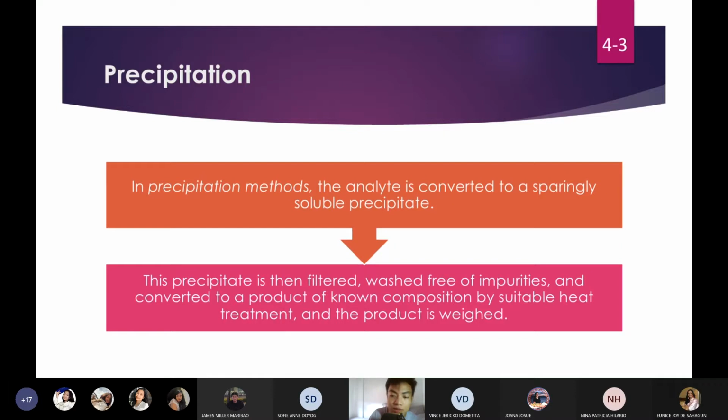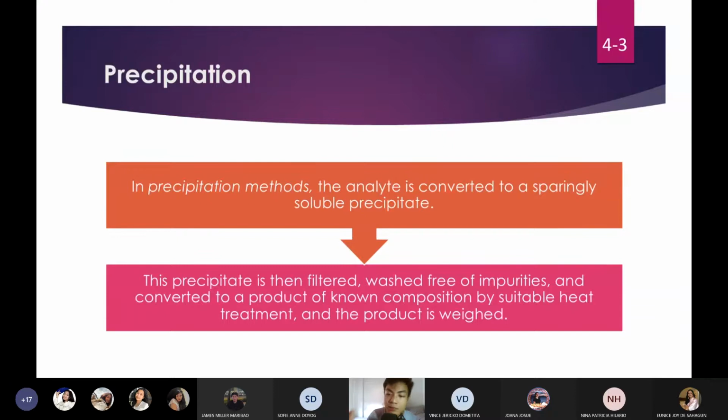For example, yung silver, hinaluan mo ng ibang ions. Pag pinagsama mo yun, mamumuo sila. Kunwari yung lead, lagyan mo ng iba pang ions, pwede sila mamuo. Ganun ginagawa natin for this method. What happens here is that in precipitation methods, your analytes are being converted to a sparingly soluble precipitate.